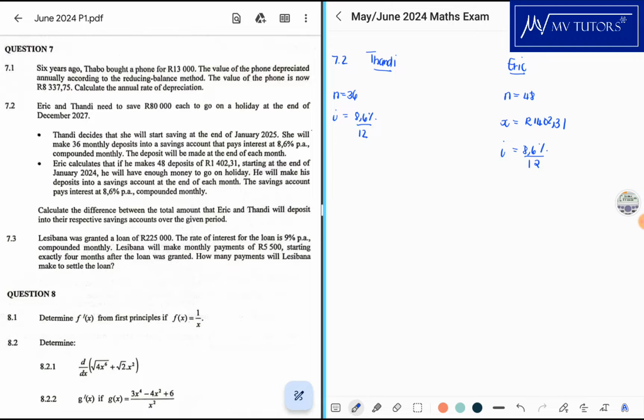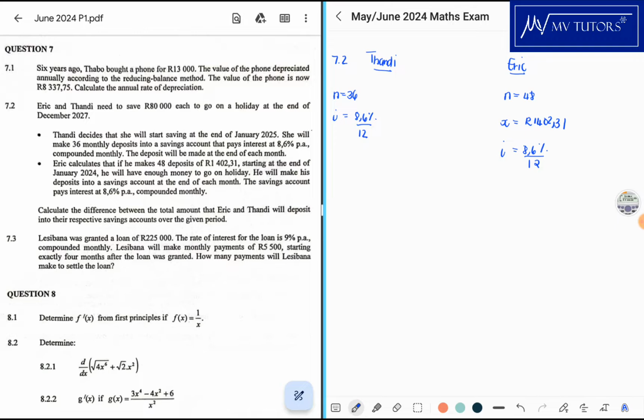Okay, so in the case of Eric, we can see that he will deposit 1,402 Rand and 31 cents, and that will be for 48 months.